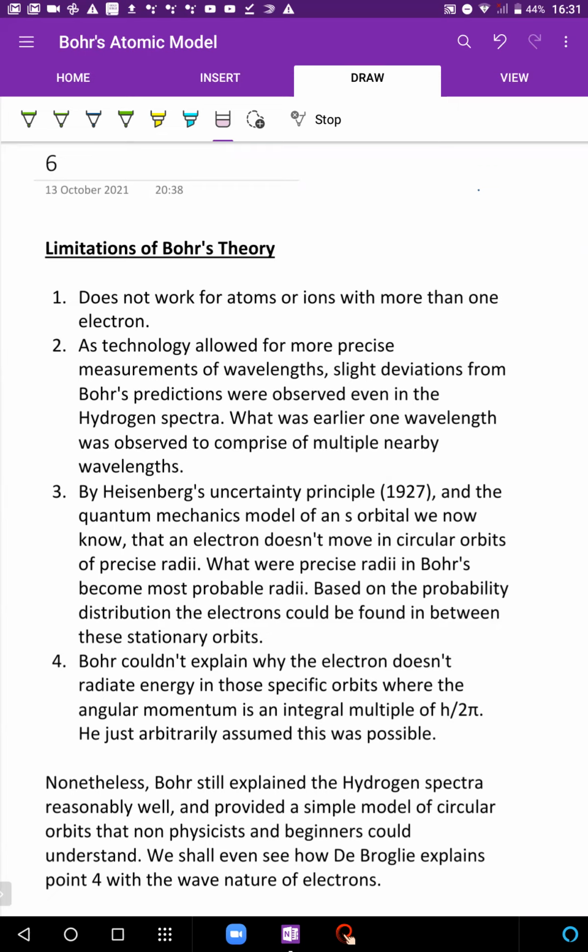And I'll talk about why his atomic model isn't exactly correct. By Heisenberg's uncertainty principle, which comes in a little later, and the quantum mechanics model of an s orbital that we now know, right? You've heard of Schrodinger's equations, and you probably now know what an s orbital looks like. So it's not like the orbit of the moon around the earth.